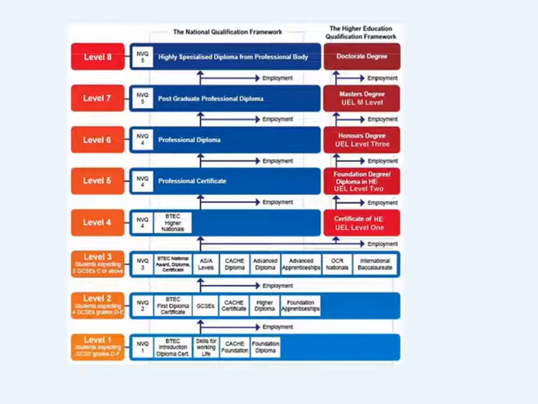So level 4 being equivalent to the first year of a degree, if your module code is KV4 something, KV422 for example, you're registered on the level 4 version of the module. If it's KV622 or similar, you're on the level 6 version. The content of the course is exactly the same, it's just that we're expecting a higher level of writing complexity if you're on the level 6 program.